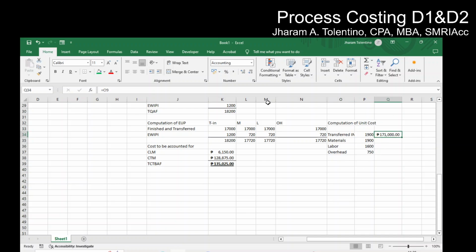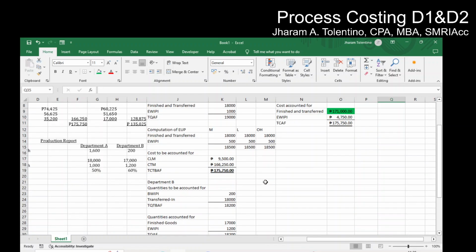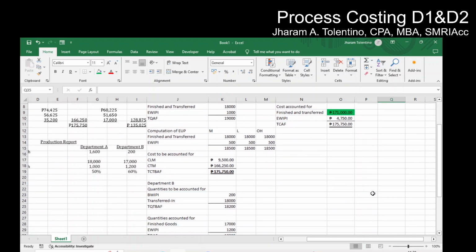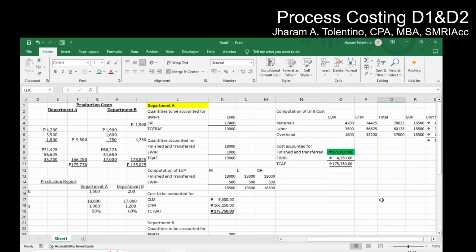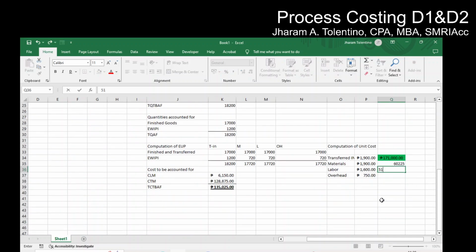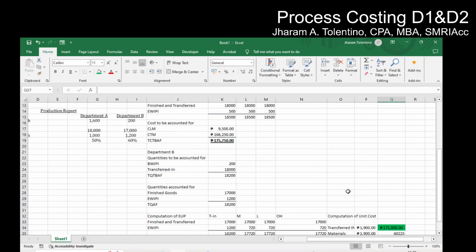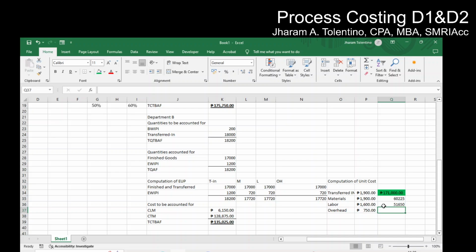Okay? Let me show that in green so you can see where it came from. And these are costs, so let's add a peso sign. Then the additional 60,225, another 51,650, and 17,000. 17,000. Okay, all of these are cost.